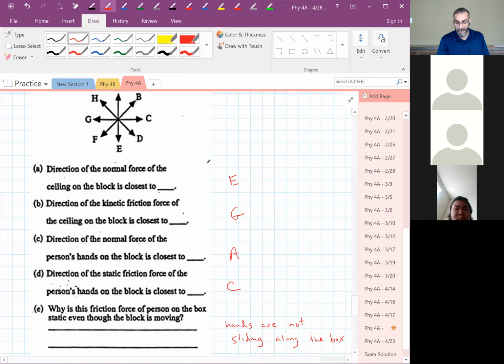Yeah, there's no motion between the hand and the surface of the box, right? There's no sliding. They are stuck and moving together as one. So the interface there is static. There's no motion between them.